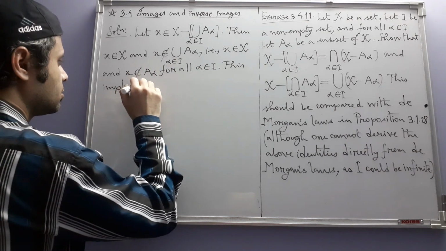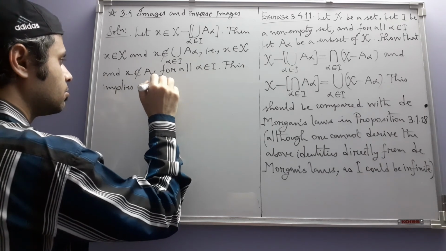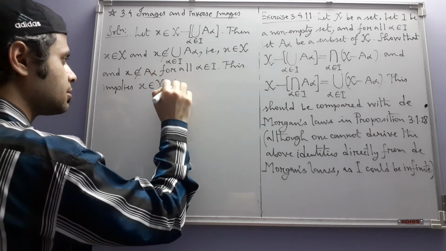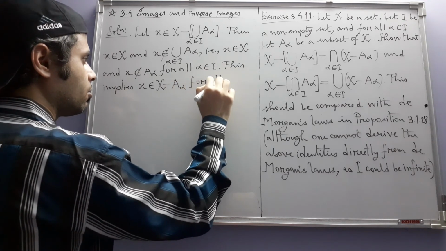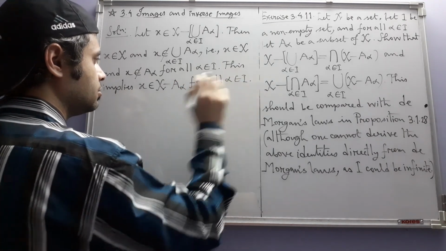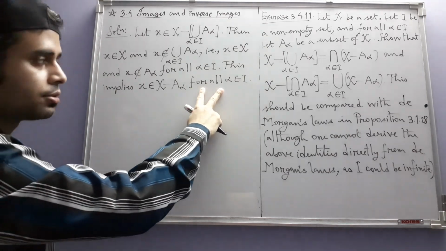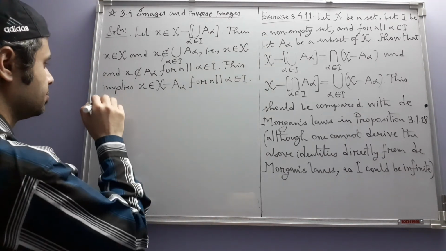That means x belongs to X minus A alpha for all alpha belonging to I. Note that we have for all, so we will have intersection.